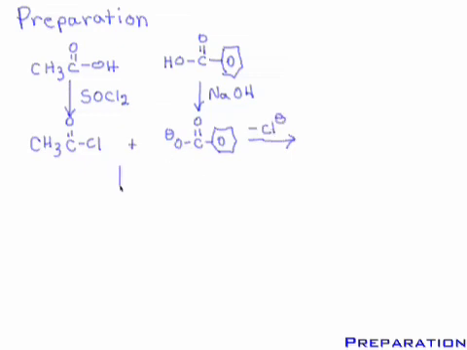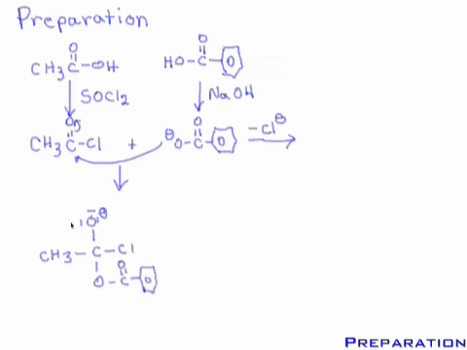Remember, the process involves benzoate attacking the carbonyl. You actually will form an intermediate, looks like this, and then the alkoxide oxygen will dump in its lone pair of oxygen, create the pi bond, kicking out the chloride.